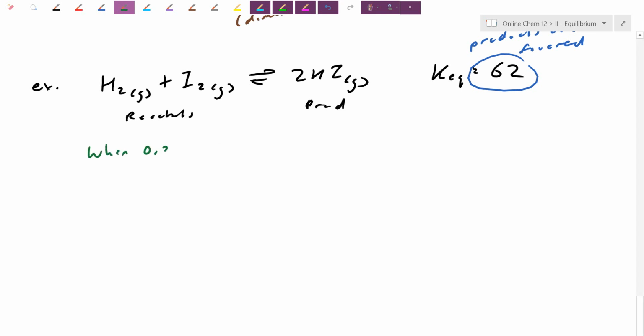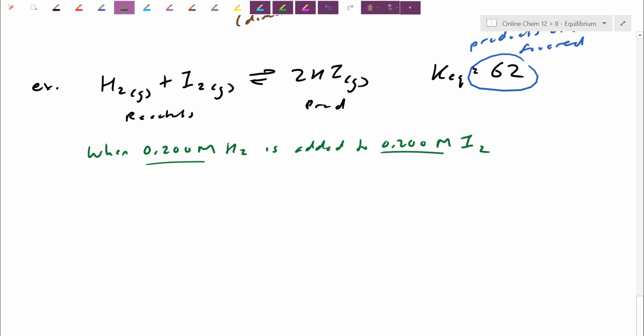When 0.200 molar H2 is added to 0.200 molar I2, you notice I helped you out a little bit here. I'm not talking moles and the size of the container anymore. I've already given you the concentrations. They've already worked out that division. I'm going to put that into a container.